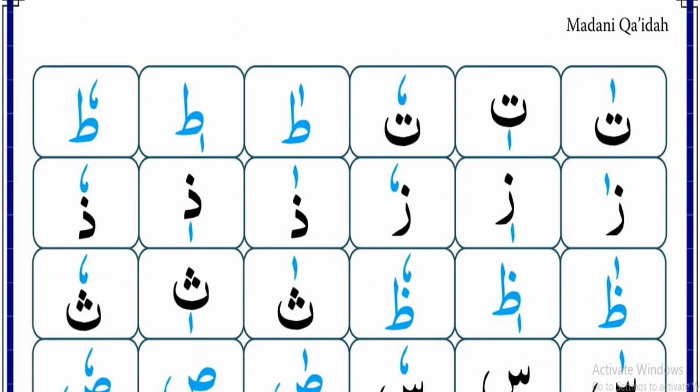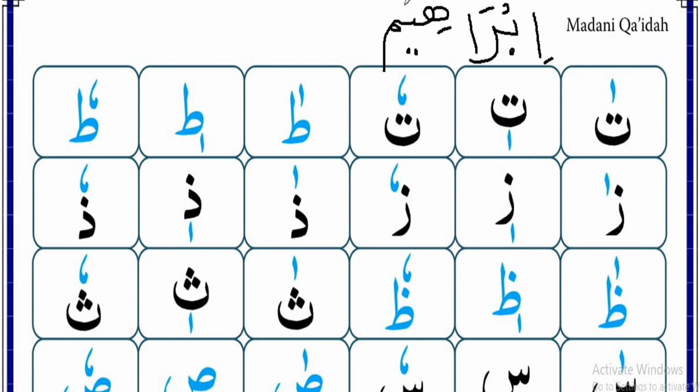For example, let me just write a word here. It's hamza ba fatha, hamza ba kasra. The second letter is ba sakin, and third here is ra alif fatha ra, and here is ha ya kasra hi, and mim sakin at the end.